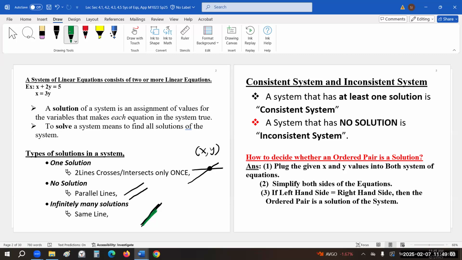So in the consistent system, we can have one solution or infinite solutions. If you have one solution or infinite solutions, that falls under a consistent system of equations. But if you have no solution, it falls under an inconsistent system of equations.